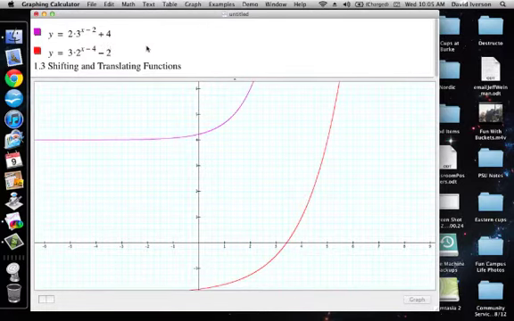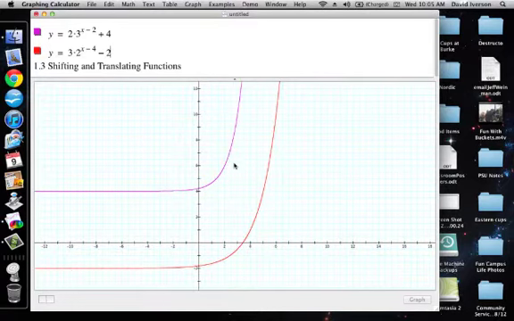So what's happened is I've taken this graph and I've given it more vertical stretch in going from 2 to 3. I've given it more horizontal stretch in going from 3 to 2.